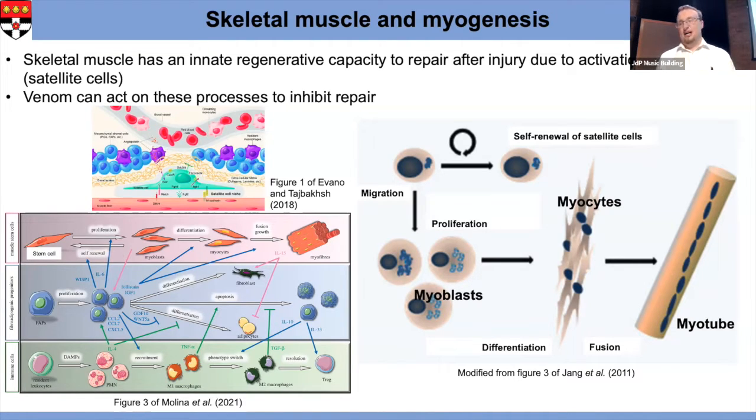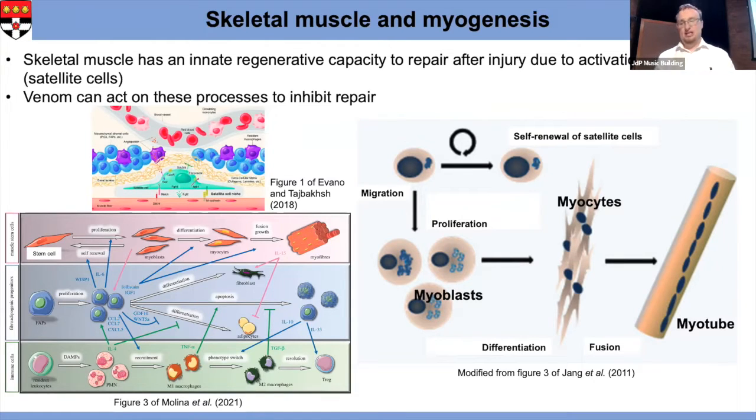Satellite cells then divide and proliferate and migrate. They then become cells known as myoblasts, which are progenitor cells, which are mononuclear.